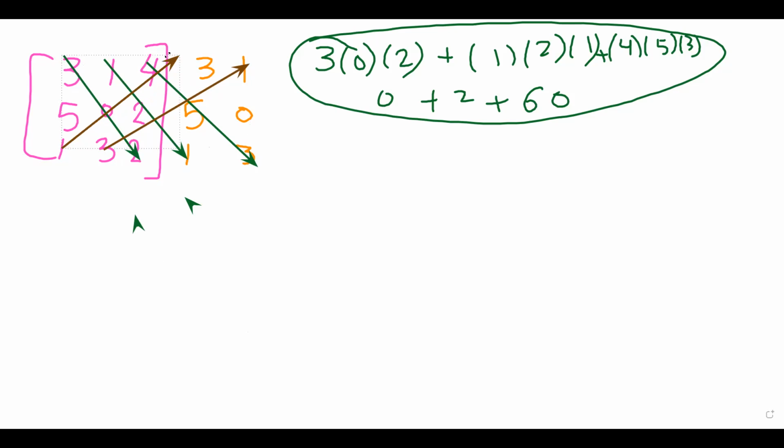Teacher, isn't it supposed to be 1 multiplied by 0 multiplied by 4? Yeah. It's like this now. You start from 1, passing through 0, ending with 4. From 3, passing with 2, ending with 3. And from 2, 5, 1.